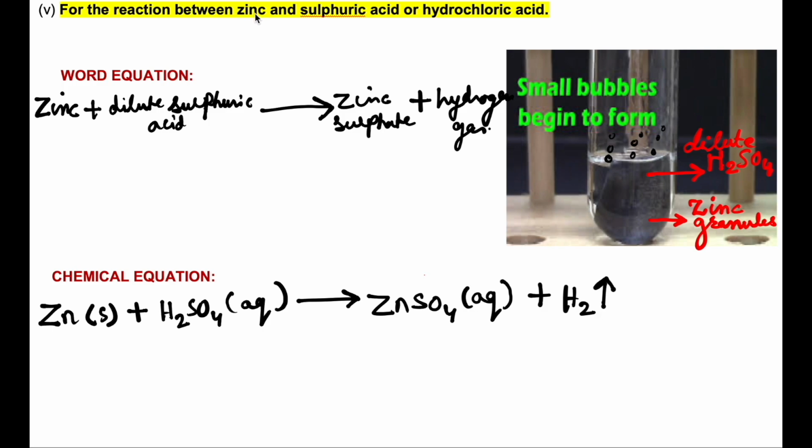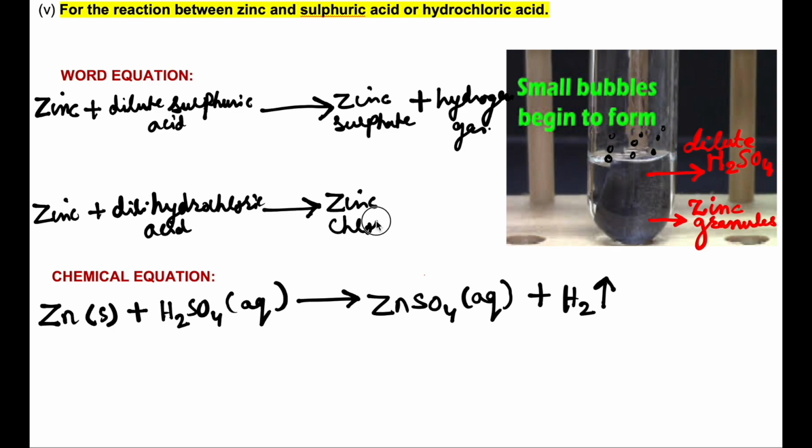Similarly, if the zinc reacts with dilute hydrochloric acid, then the reaction will be zinc plus dilute hydrochloric acid. For dilute, the word DIL is written. It reacts to form zinc chloride plus hydrogen gas.